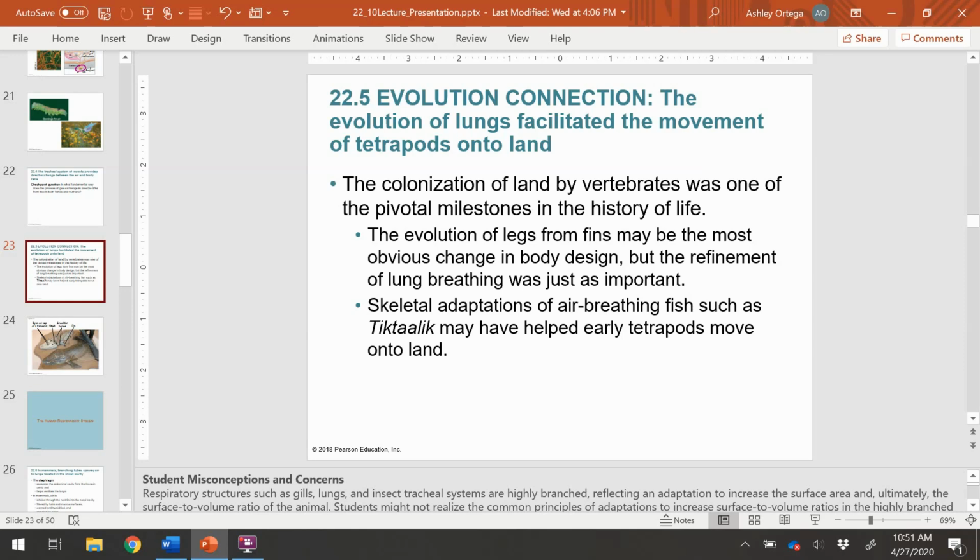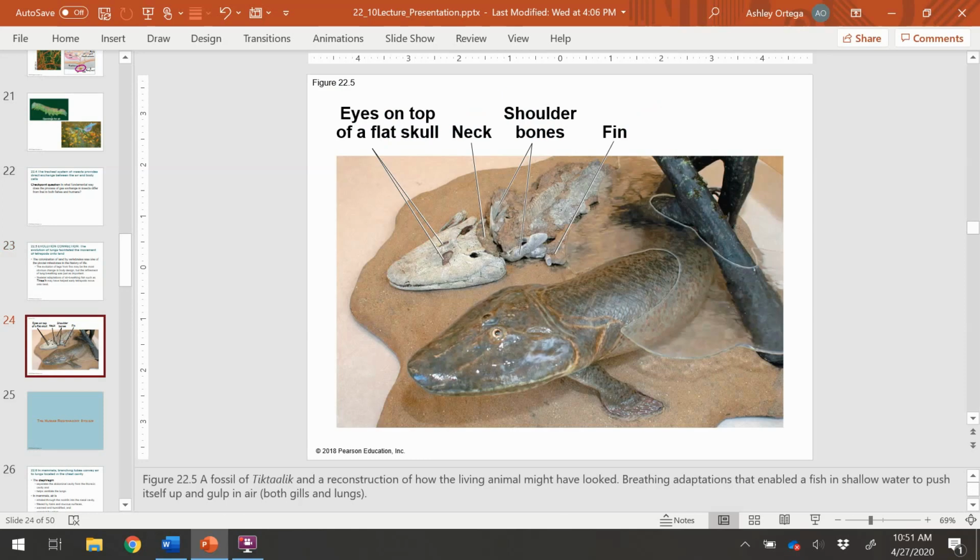And so here we see in the next image some skeletal adaptations of air-breathing fish. And so the Tiktaalik is the example that we'll see here. So you can see the fossil, the Tiktaalik, and its reconstruction hypothesis of what it may have looked like.